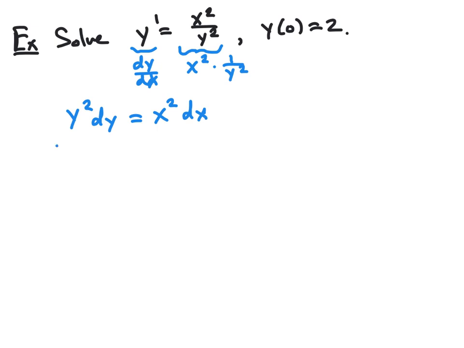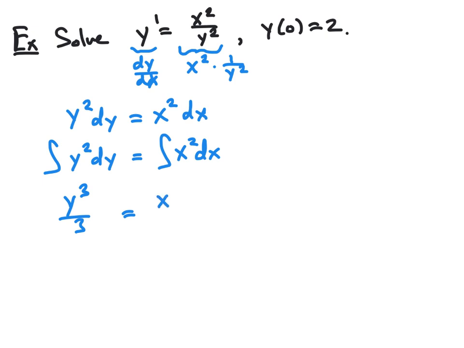Once we have it in this particular form, we're going to integrate both sides. And here that is easy to do because these functions are nice enough that we can easily anti-differentiate them. So what we get here is y cubed over 3 equals x cubed over 3.